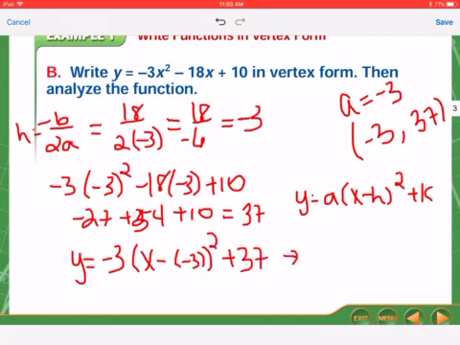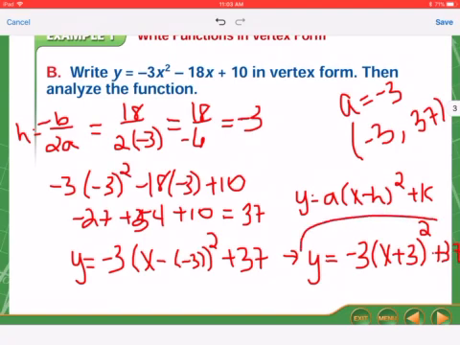And I'm going to do one more thing. I'm going to simplify this. When you subtract a negative, you're really adding. So my final equation is y equals negative 3 times x plus 3 squared plus 37. So there's my vertex form.